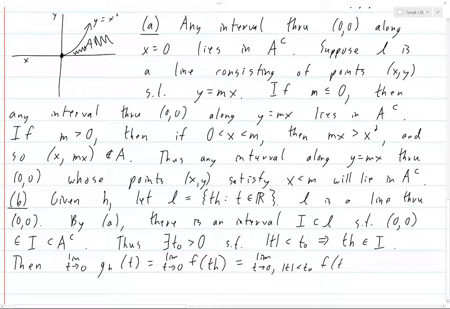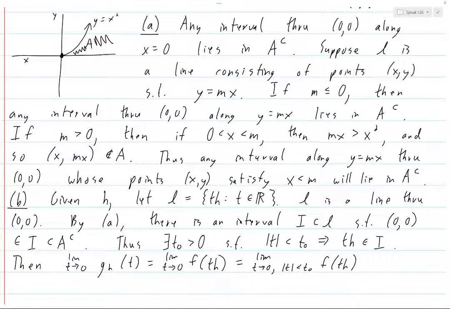And then we have f(th). And now that we've restricted the t's that we're using in our limit definition, we're only using t's such that th is in I.